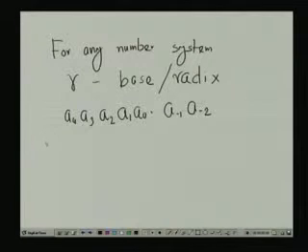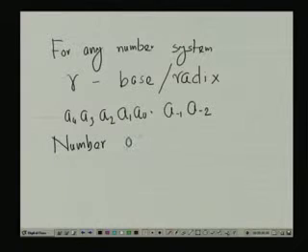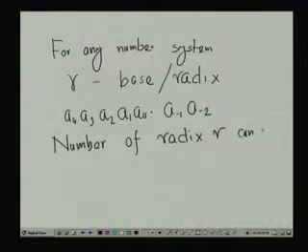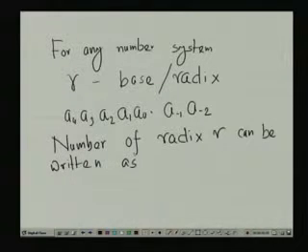Then the number of radix R can be written as, say I am representing this by N_R, and if we start from A4, the position here is 0, then 1, 2, 3, 4.